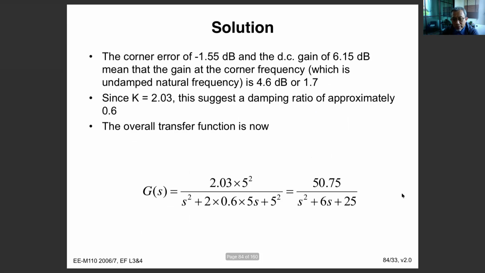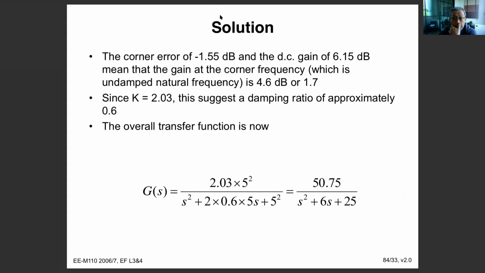How to plot the Bode plot? Using MATLAB. You should try like this. Based on the 50.75 over s squared, you just write like this: numerator 50.75, denominator 1, 6, 25, then bode of numerator, denominator.